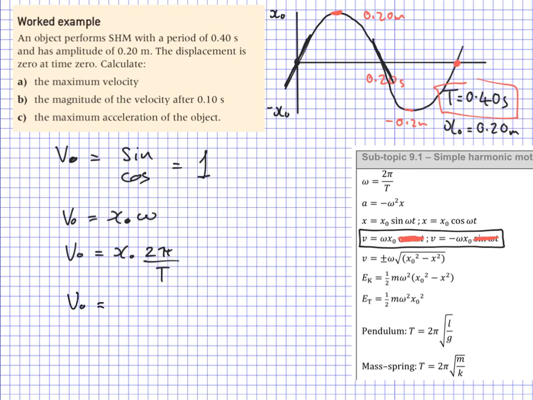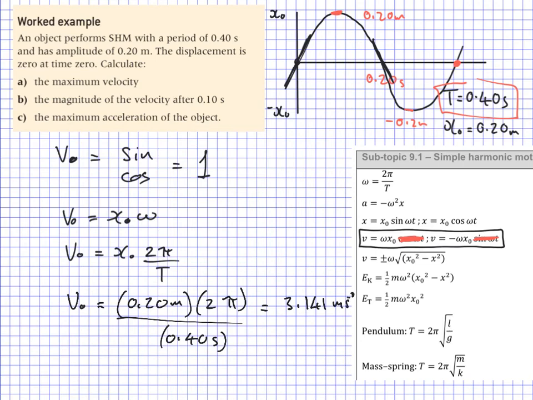So we can go ahead now and plug in these values. My x naught must be the maximum displacement which was given in the question, 0.2 meters. And then I just have 2 pi, all over the period, which has to be 0.40 seconds. If I plug that into my calculator, that's going to give me 3.141 meters per second.